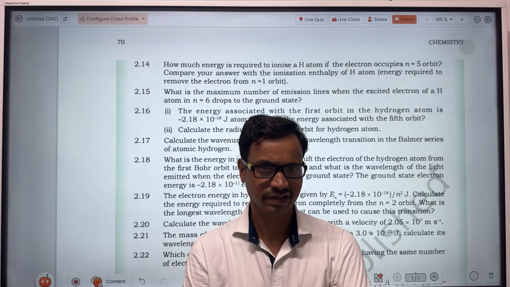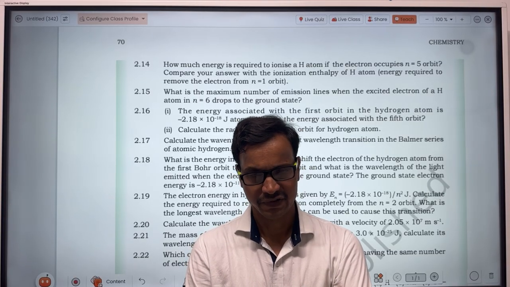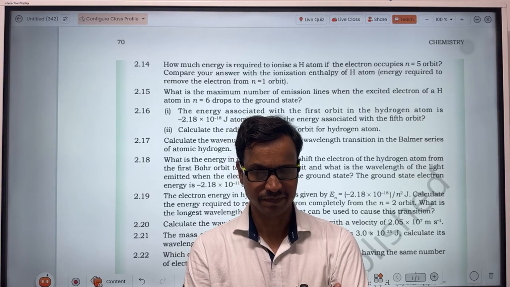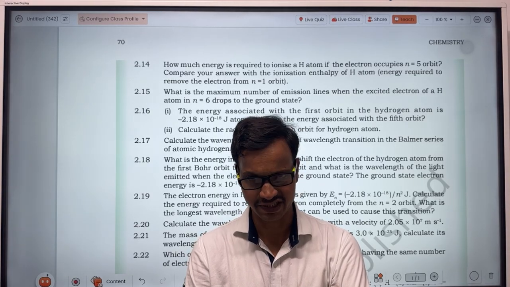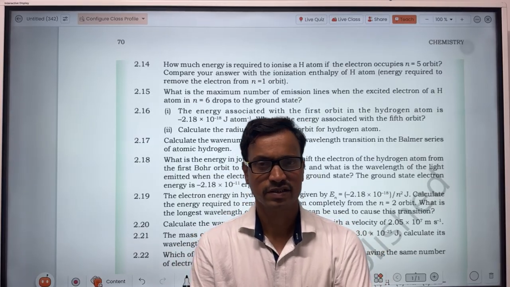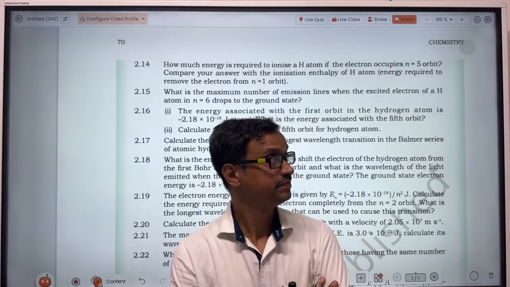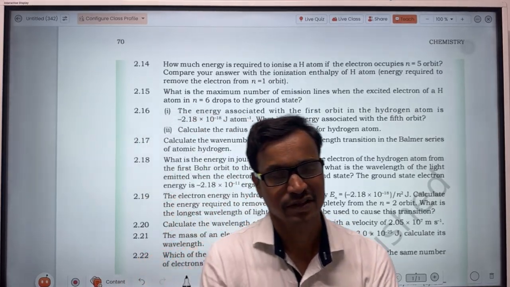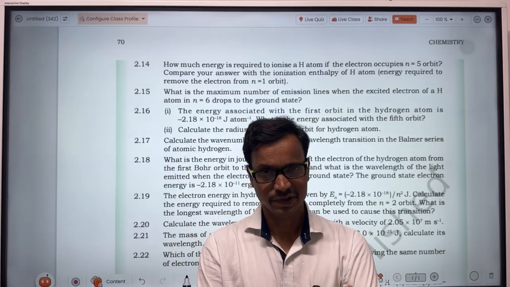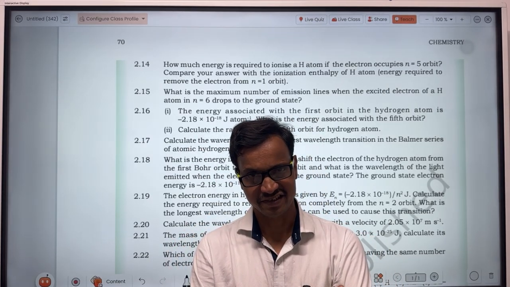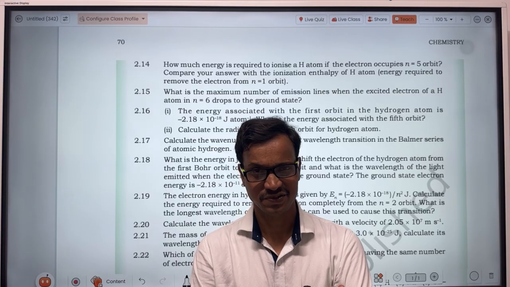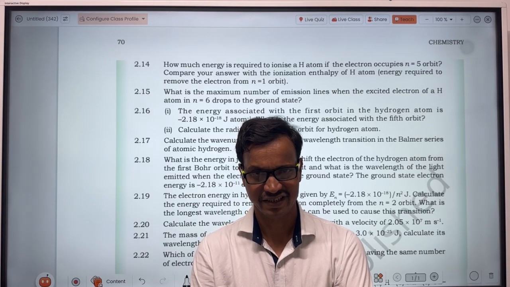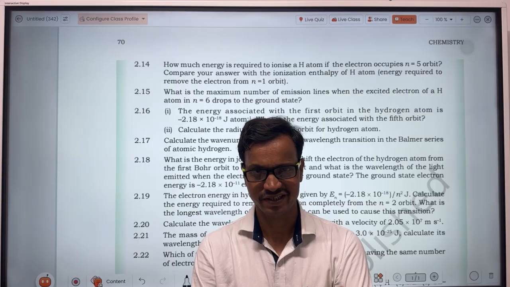So how much energy must the hydrogen atom gain so that the electron in the fifth shell jumps to the infinite shell, that is, goes outside the influence of the hydrogen atom? In that case, how much energy is required?